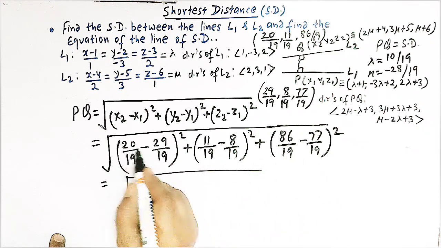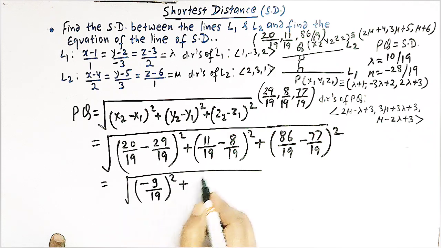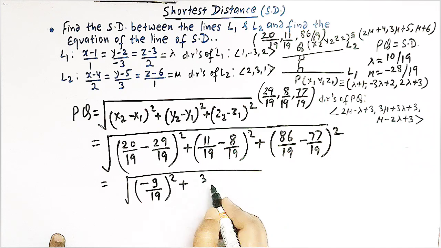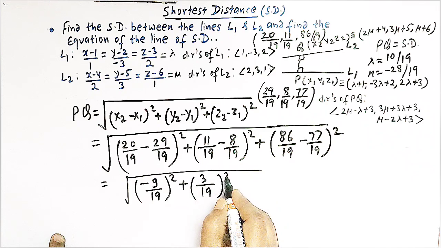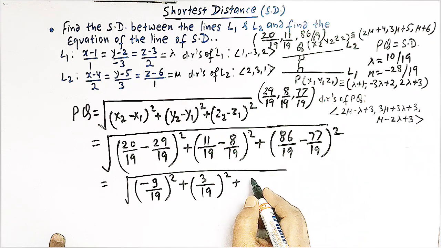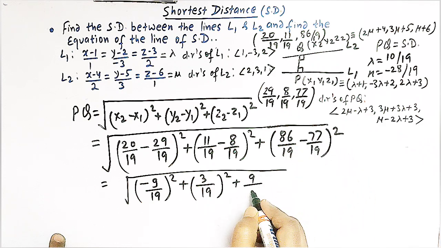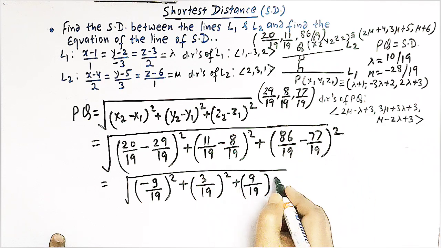So we have 20 minus 29 is minus 9, and here we have 19 square. 11 minus 8 is 3, so we have 3 over 19 square, and here 86 minus 77 is 6 plus 3, 9, so we have 9 over 19 square.